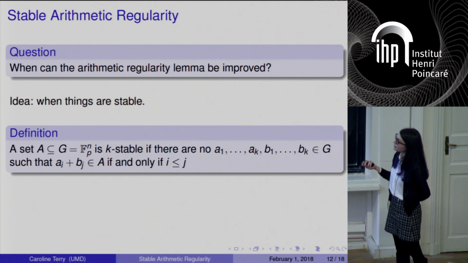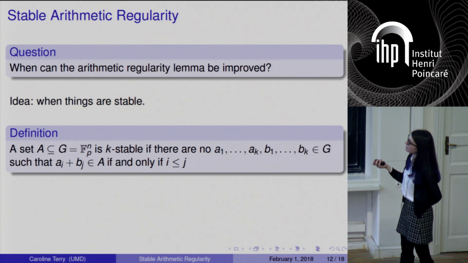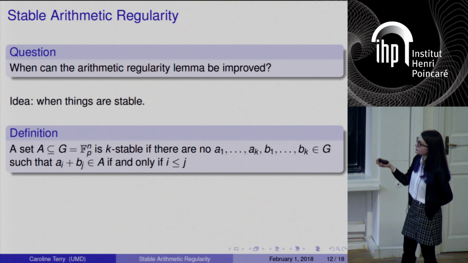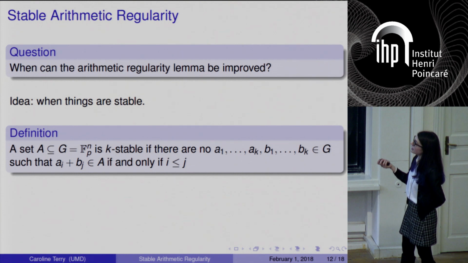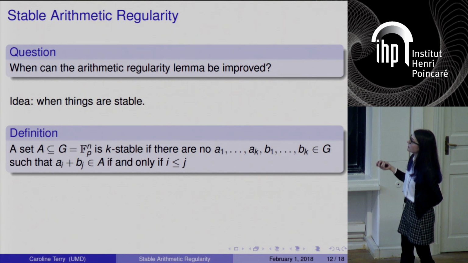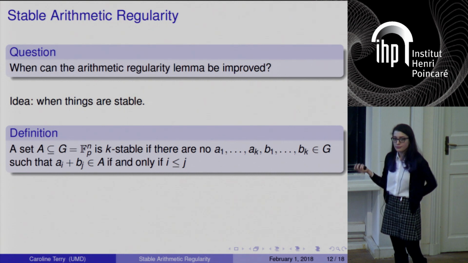It's obvious in the graph case, and not totally obvious in this setting, but you pick the most basic relation you could define out of the set, and that turns out to be the right notion. I'll say that a set A is k-stable if there are no a_1 through a_k, b_1 through b_k in the group, so that a_i plus b_j is in the set A if and only if i is at most j.